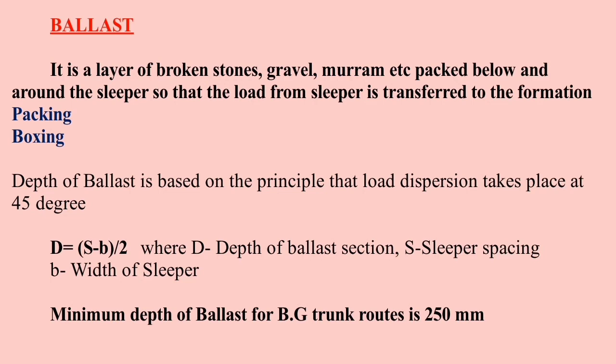The depth of ballast section in straight tracks may be calculated by D = (S - b)/2, that is S minus b by 2, where S is the sleeper spacing, b is the width of sleeper, and D is the depth of ballast section.